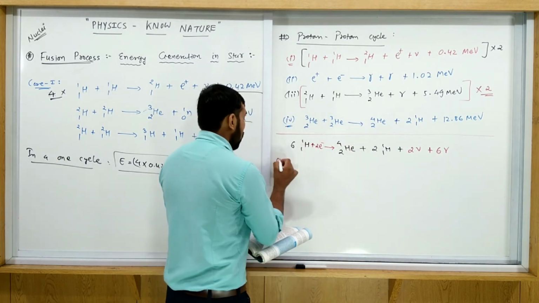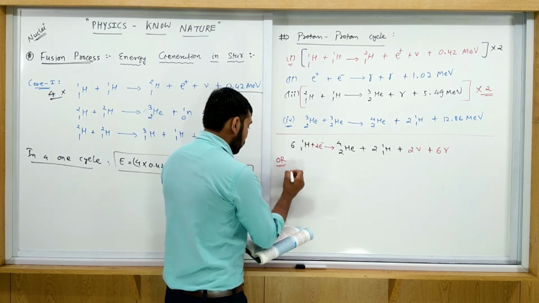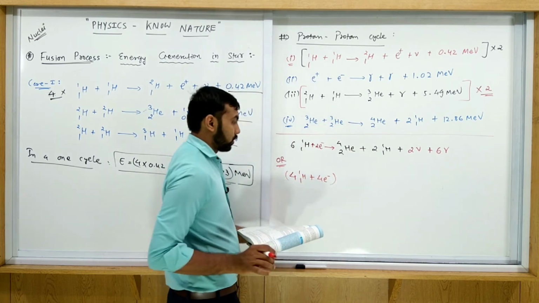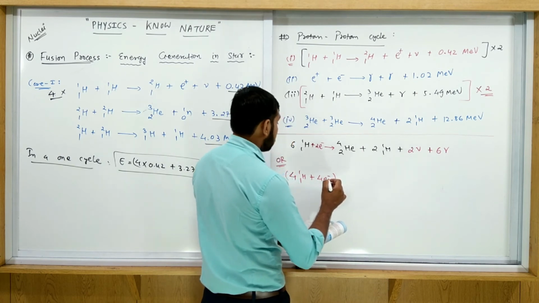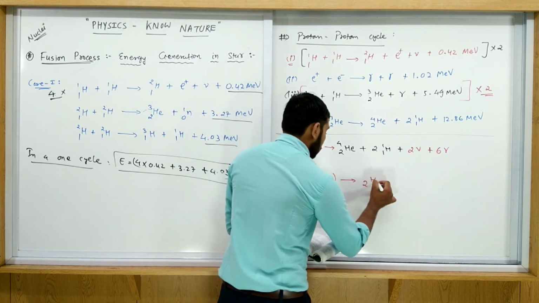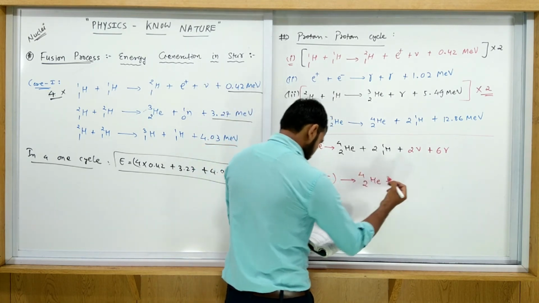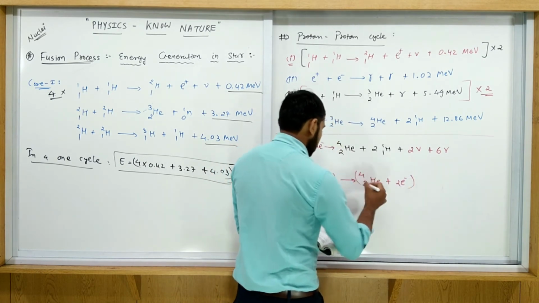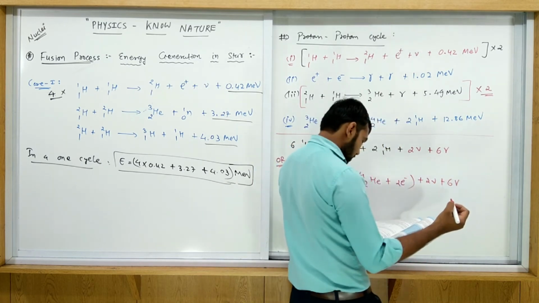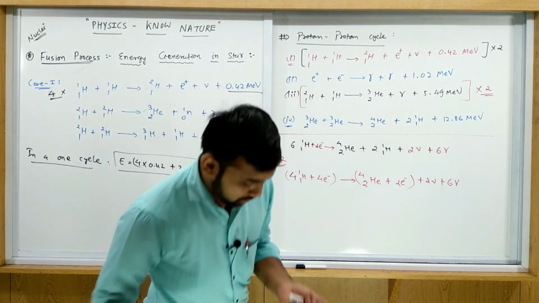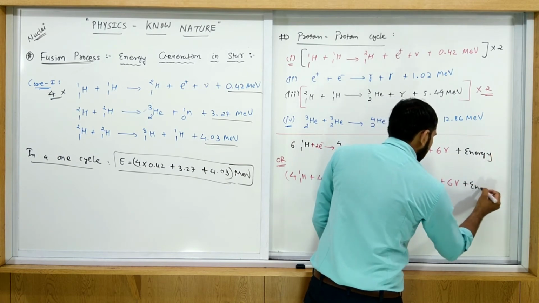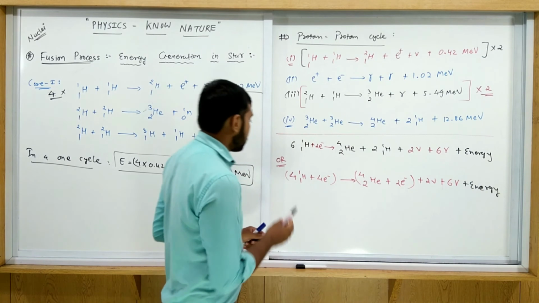You can write this way or this way. 4 1H1 plus 4 electrons recombine with each other to form 2 He4 plus 2 electrons plus 2 neutrino plus 6 gamma and plus energy, and here plus energy. You can just write 4 hydrogen, no problem.